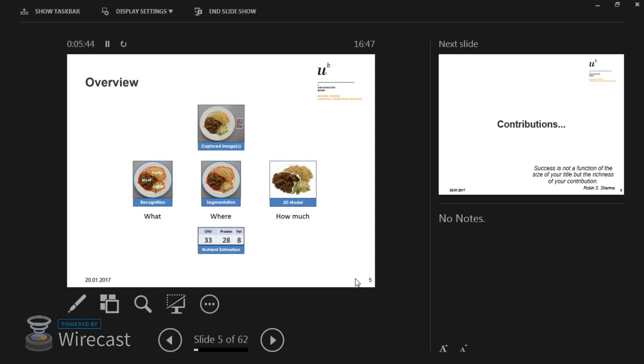That, of course, can be done in 15 different ways, and for that there are quite a few paper contributions by different groups. Most of them, however, focus on the recognition that I will not talk about because I was doing something else. They will also talk about the segmentation to a lesser degree, even less with the volume.